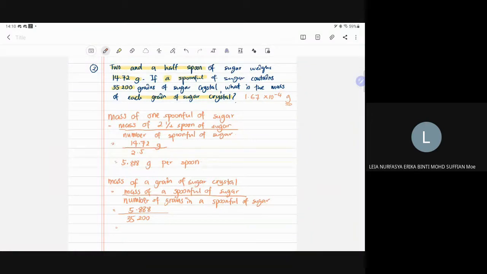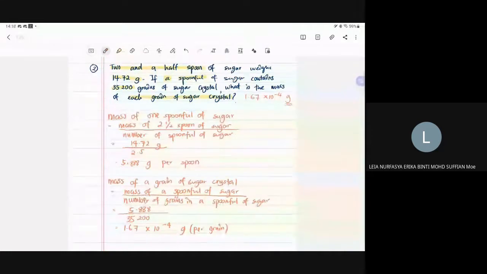You will get 1.67 times 10 to the minus 4 grams per grain.